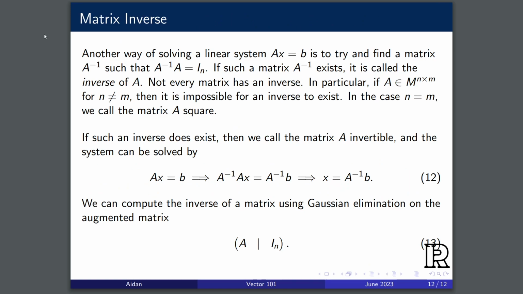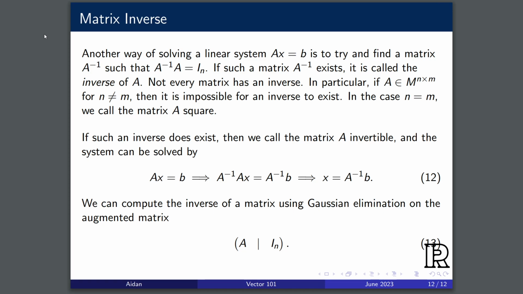Now, another way that we could have solved this linear system, which I'll now basically forever write AX equals B, is to try and find some matrix, A inverse we'll call it, which satisfies the property that A inverse times A is equal to the identity matrix.